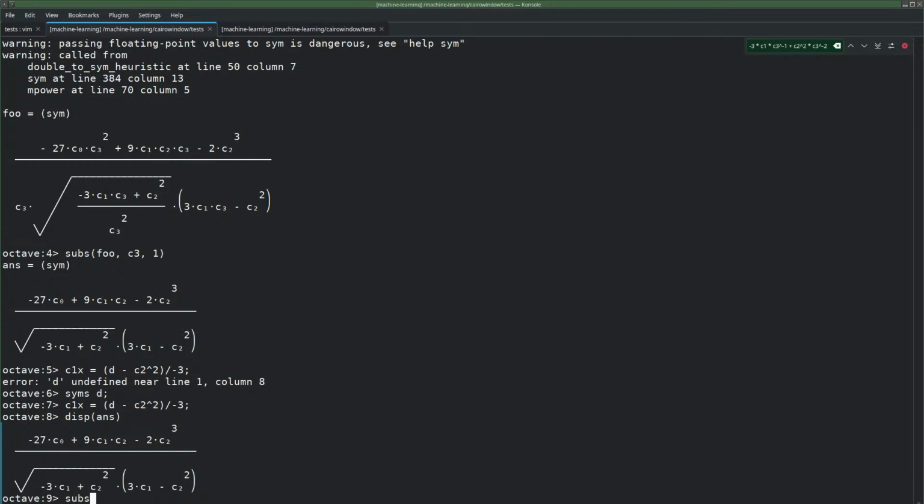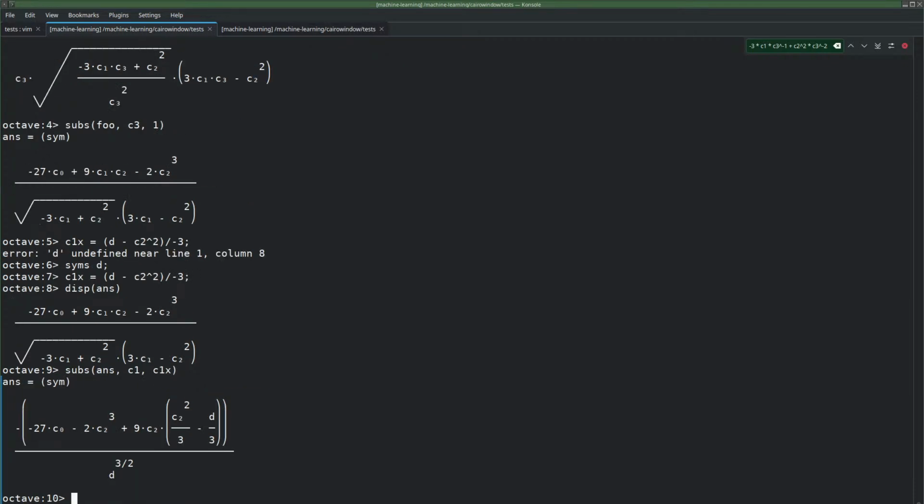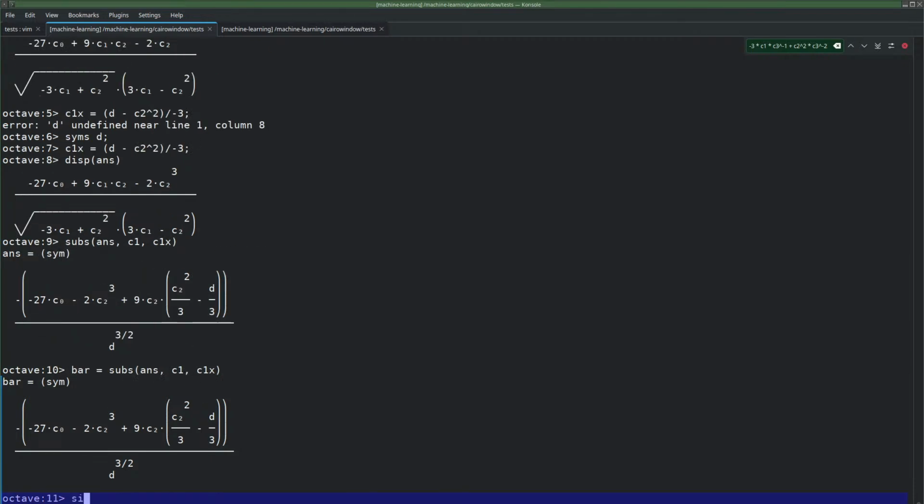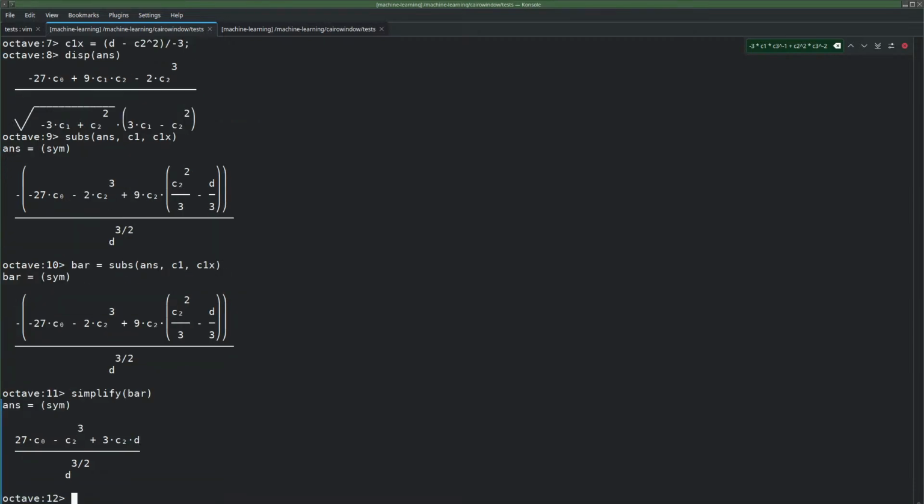I want to substitute in the answer and just replace C1 with our new C1. It was C1x. And then of course do that again. Let's use bar this time. Simplify bar. There we are. I did it. This is what I wanted.